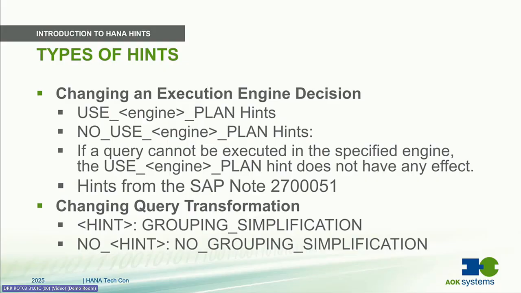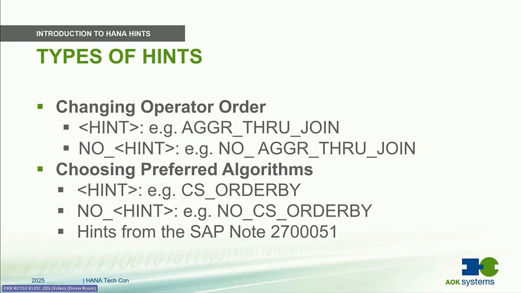There are hints which change the query transformation, like grouping simplification or no grouping simplification. There are also hints which change operator order, like aggregation through join or no aggregation through join. There are also hints which change preferred algorithms. Many of these hints you can see also in the hints which are delivered from SAP.